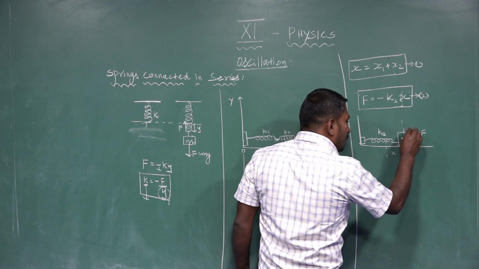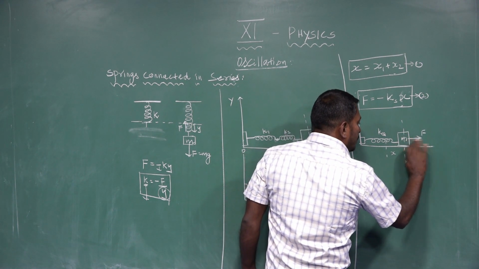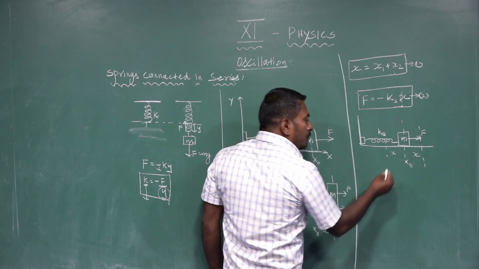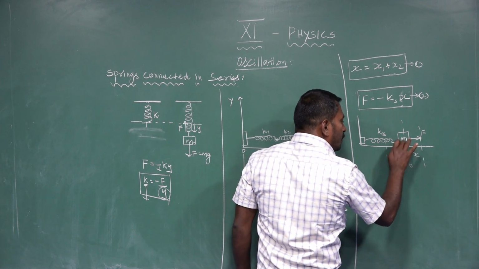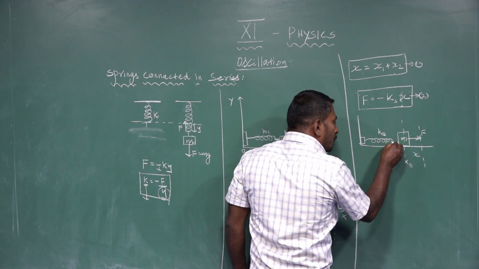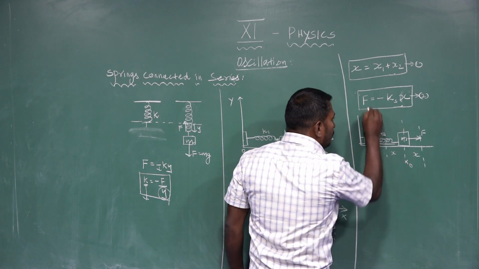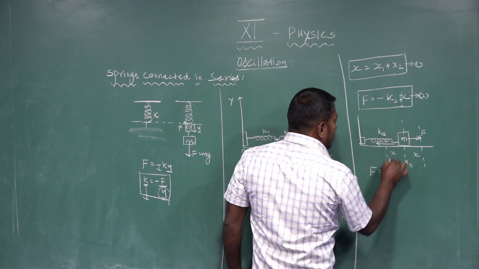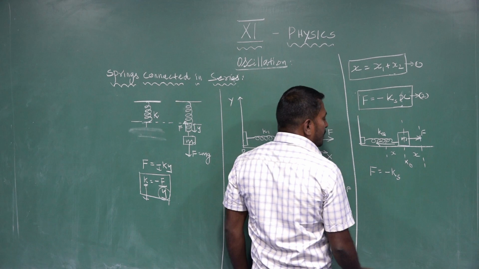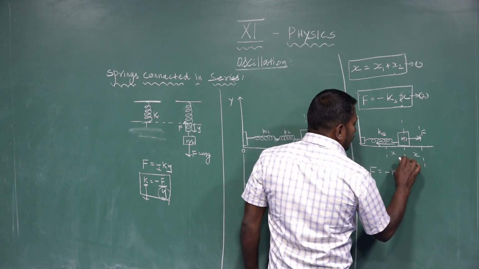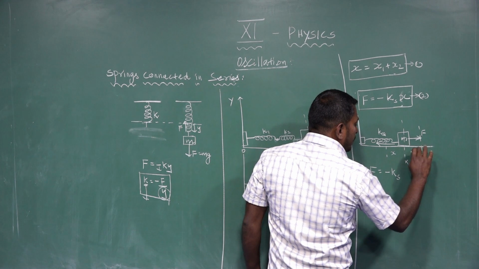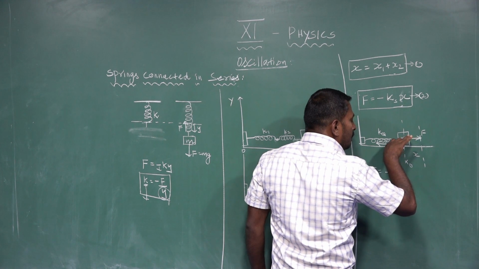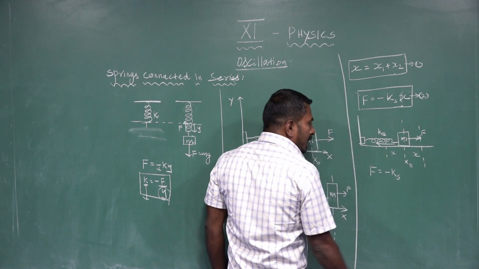The same displacement x is produced in the load of mass m. So, after application of the external force on the block of mass m, a restoring force F is developed within the spring, equal to minus Ks, the effective spring constant for the series connection, times the displacement x.